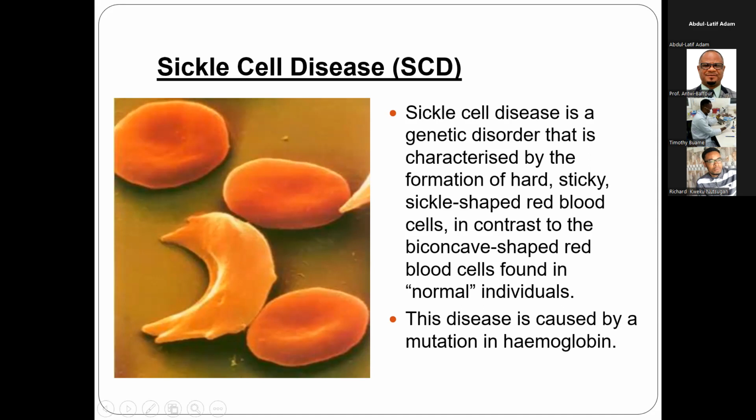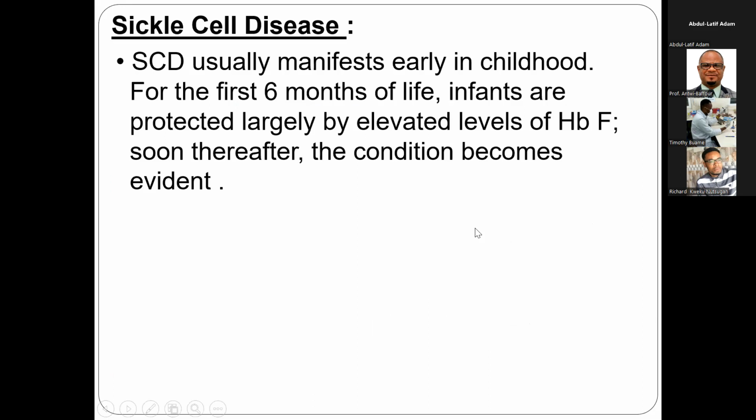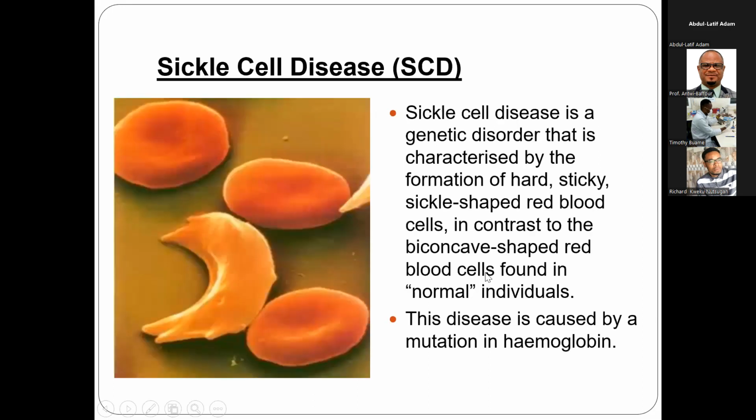You do know sickle cell is a genetic disorder. It's characterized by formation of hard, sticky, sickle-shaped red blood cells, as you see here, in contrast to the biconcave shaped red blood cells found in normal individuals. This disease is caused by mutation in the hemoglobin.